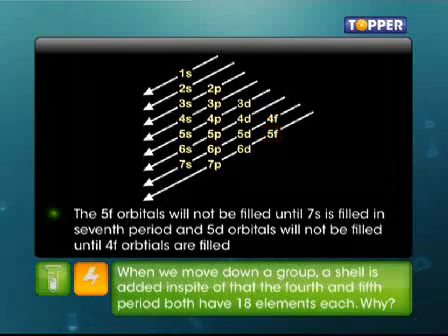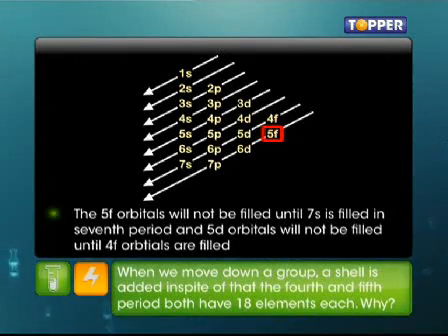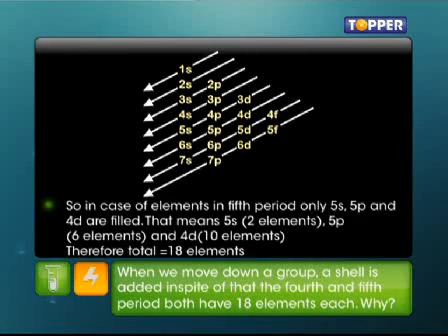The 5f orbitals will not be filled until 7s is filled in the seventh period. So, in the case of elements in the fifth period, only 5s, 5p and 4d are filled. That means 2 elements for 5s, 6 elements for 5p and 10 elements for 4d bring the total to 18 elements.